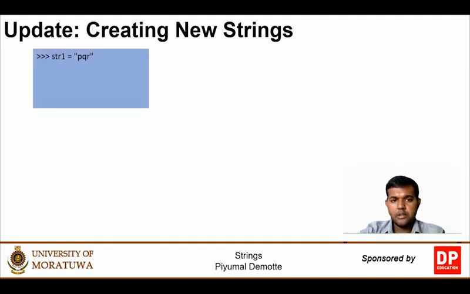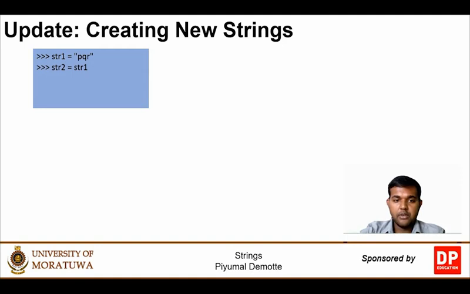Let's try to understand the immutability of strings, especially while trying to update a string. Here I have created a string object with the value pqr and have assigned it to a variable str1. The variable str1 has been assigned to a new variable str2.